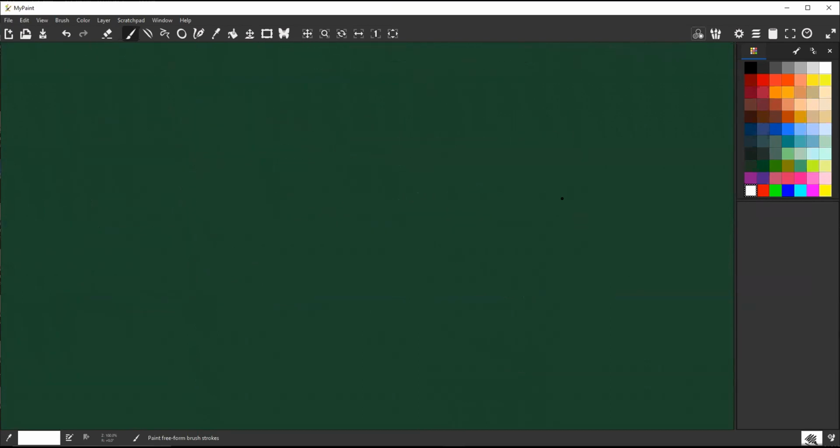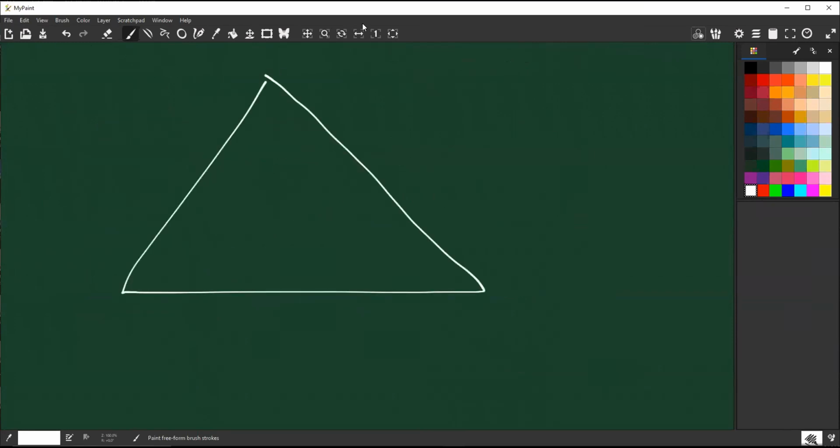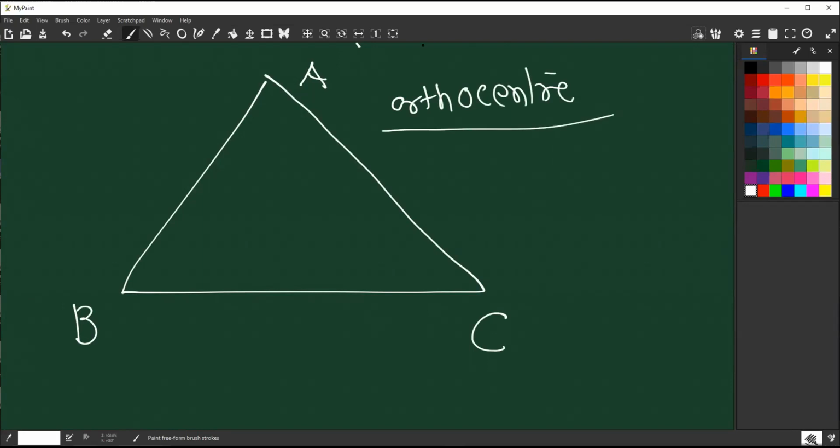Now I will be discussing, if you take a triangle ABC, what is its orthocenter? Who knows what the orthocenter of the triangle is? It is the point of concurrence of what?